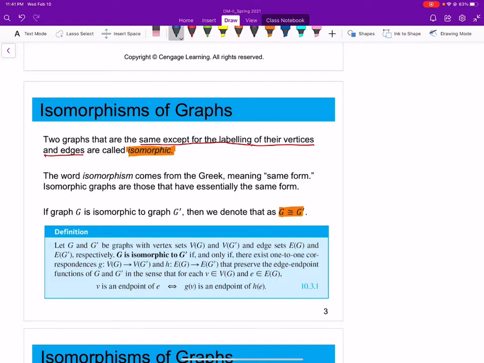You write G, then an equal sign with a tilde at the top, and then G prime. Those are called isomorphic graphs.